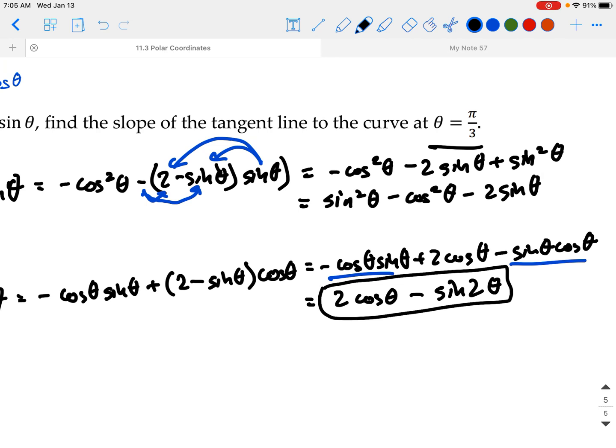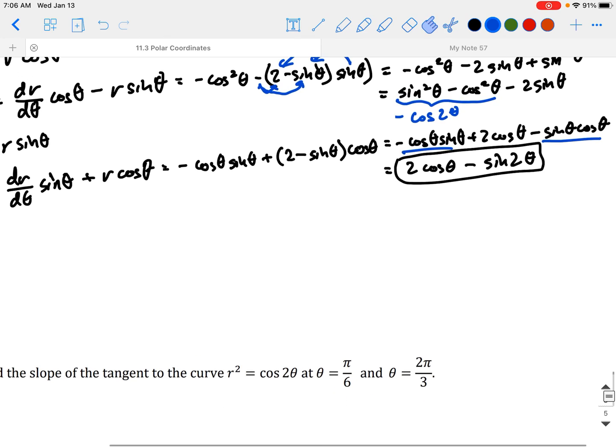All right, so that's dy d theta for us. What we'll note here is that this is the same as negative cosine 2 theta, right? So if we factored out a -1 from each term, we would get a negative there. We don't have to do that, but it might make it a little bit easier to calculate with. So either way, totally up to you.